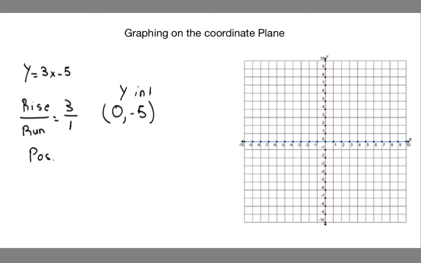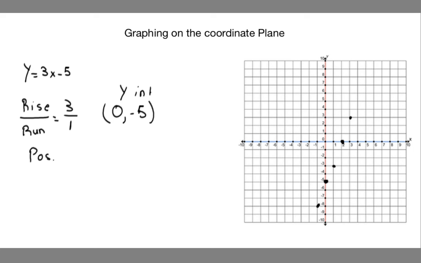Okay, so now let's get started. We're going to graph (0, negative 5) first, right over here. And then since we have a positive slope, we'll start going in the appropriate direction, going up 3 to the right 1, up 3 to the right 1, and again, and down 3 to the left 1.